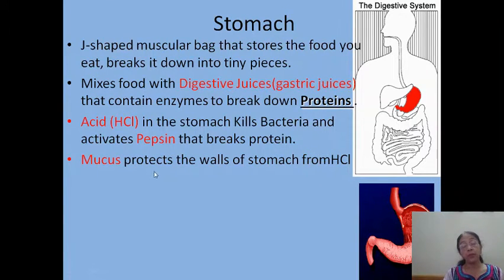And this mucus protects the wall of the stomach from the strong hydrochloric acid. Otherwise, the cells of the stomach would have corroded and you would feel injured. Whenever we say मुझे acidity हो गई है, what do we mean by acidity?